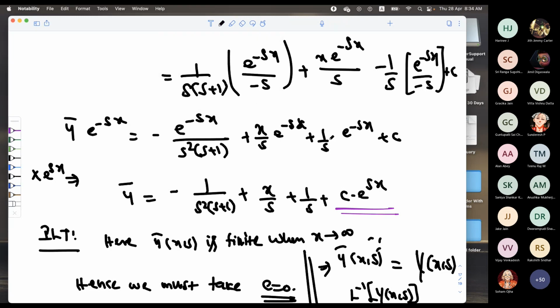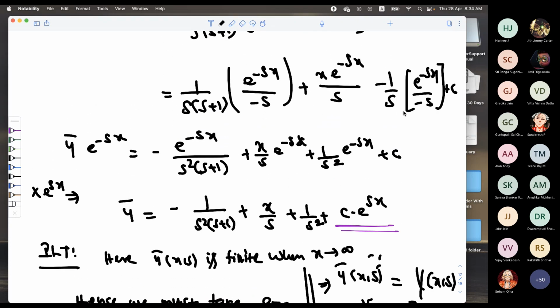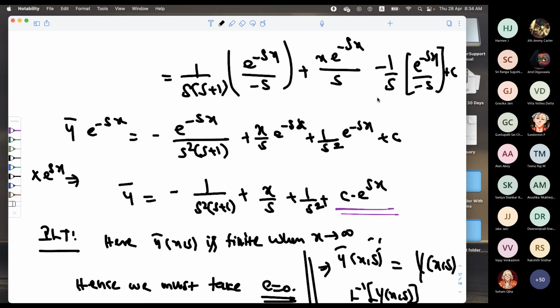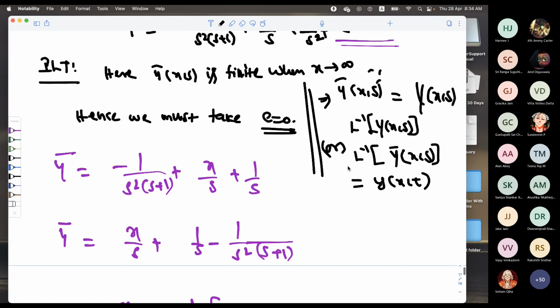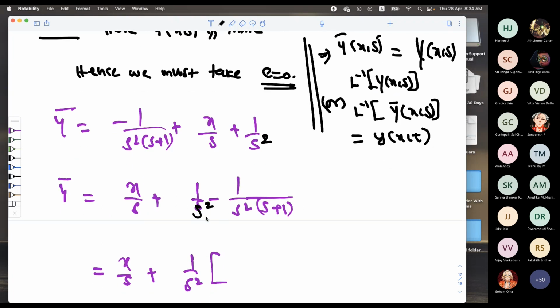Here it is s square. Is it clear? See here, 1 by s, it is 1 by s square. So now if I take this 1 by s square common, it is 1 minus 1 divided by s plus 1. Sir, is it clear?